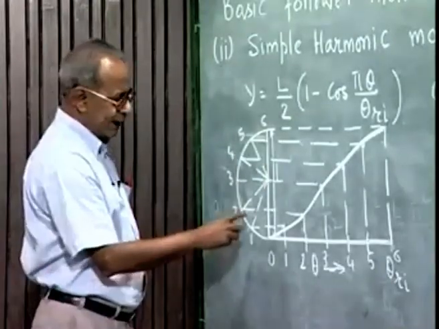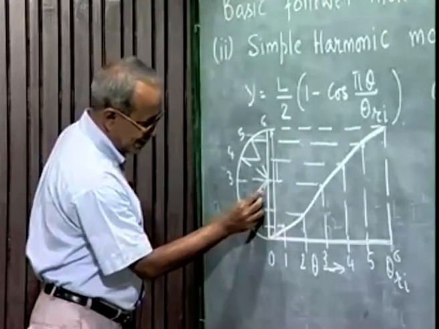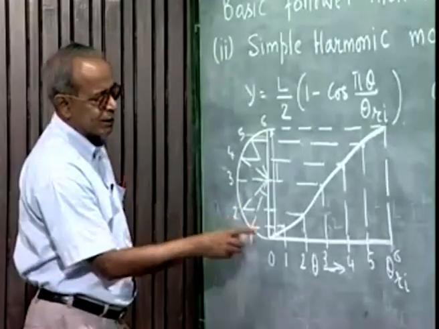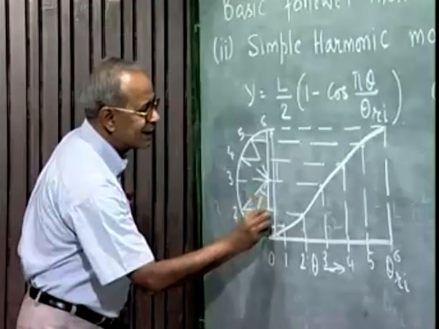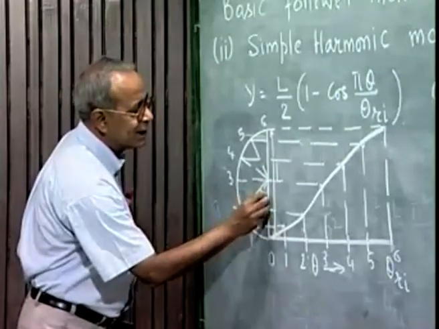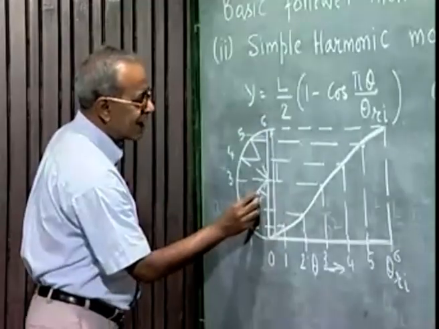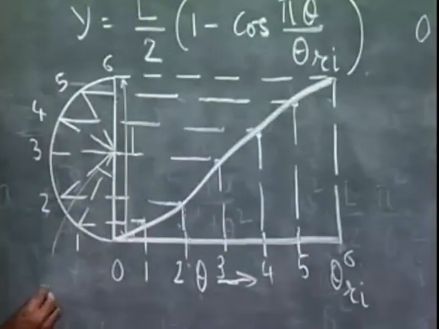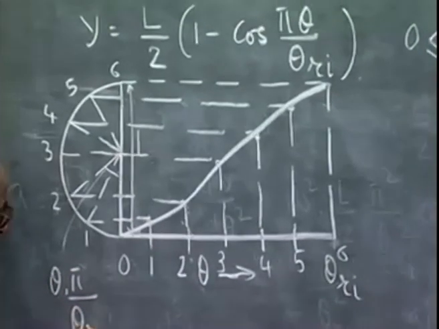As we see, this distance is L by 2, and if this is the value of theta, say, corresponding to the second station point, the value of theta 2, then this distance is L by 2 cosine theta. So, theta has been converted to pi. So, this angle is theta into pi by theta Ri.